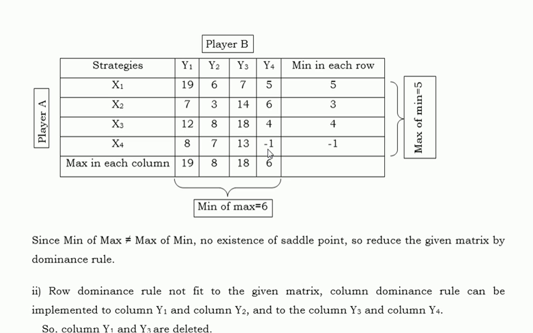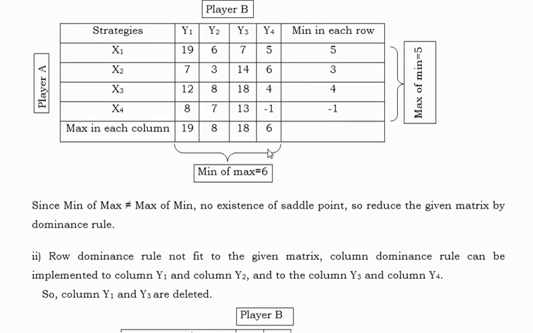Then you have to go for the next dominance rule, that is the column dominance rule. It states that you select any one of the columns, either y1, y2, y3 or y4, and compare it with any one of the remaining columns. If the selected column values are greater than or equal to the other column, then delete the selected column.